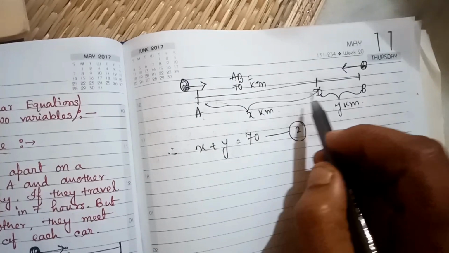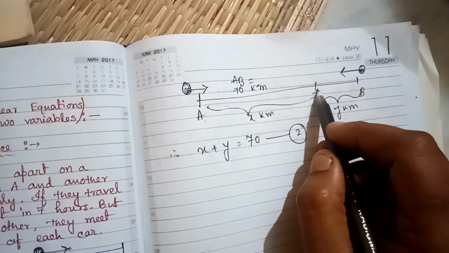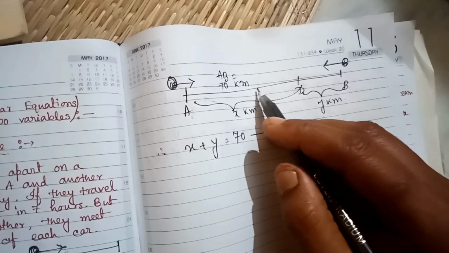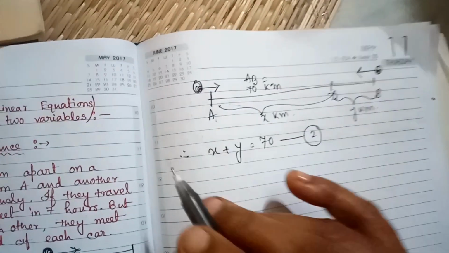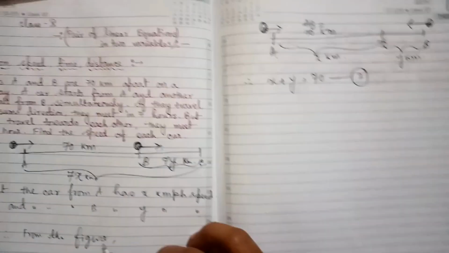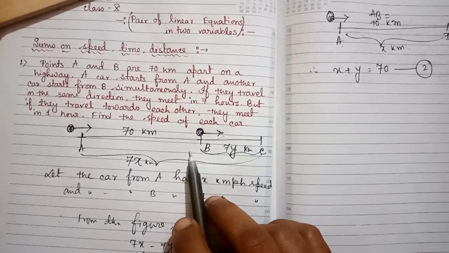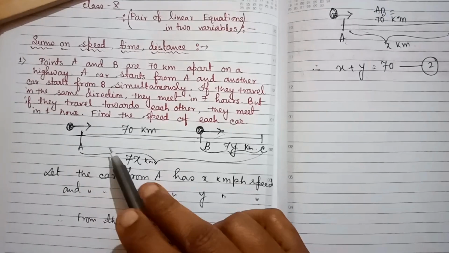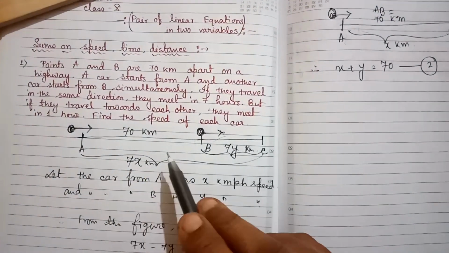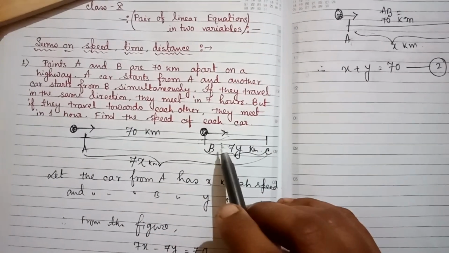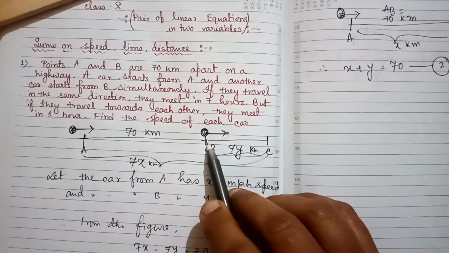Now you must be thinking why I said that D should be towards B, not in the middle, not towards A. Because from the first figure we have taken that the first car goes more distance in the same time than the second car.